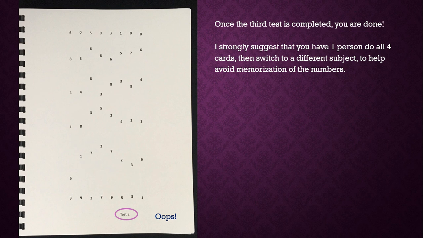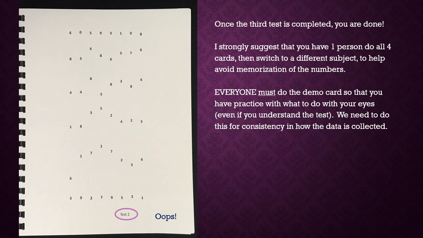And then if you, as the doctor, administer the test twice, first to one subject and then to the other subject, then step away from the test while the next person acts as the doctor so that you don't hear those numbers repetitively and memorize the numbers. I think it would be kind of hard to do, but just to avoid that, step away from the test when you're not either being the subject or the doctor.